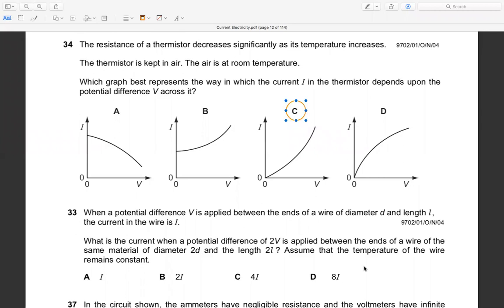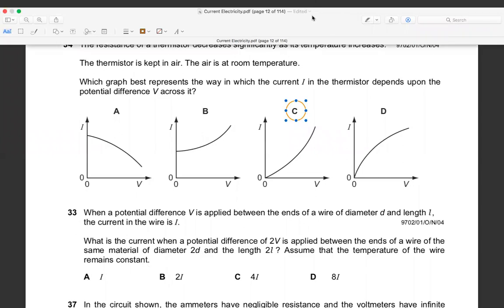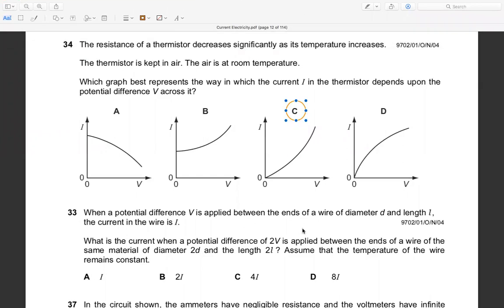Assume the temperature of the wire remains constant. What is the current?